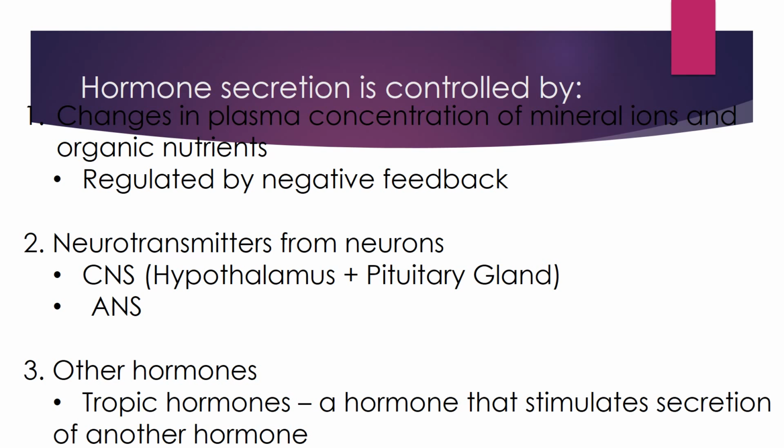And so other hormones can also affect secretion, such as tropic hormones, and these stimulate secretion of other hormones. And so due to different situations, that would be an example of synergistic or permissive effect.